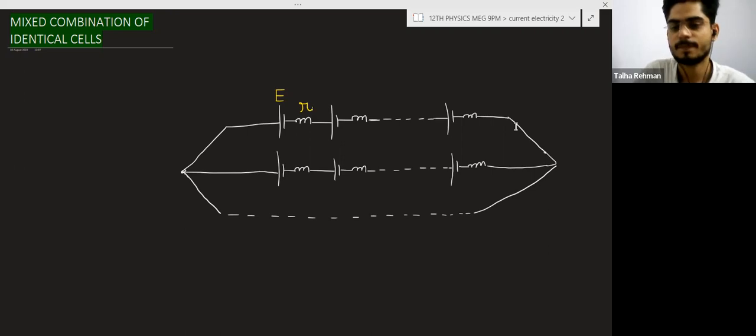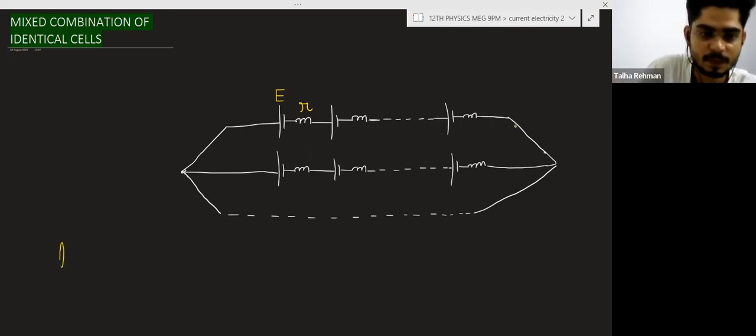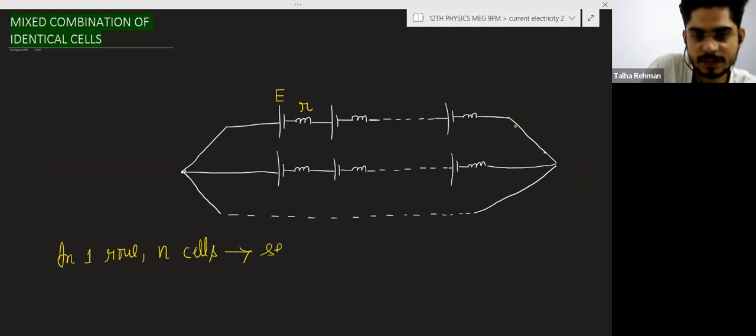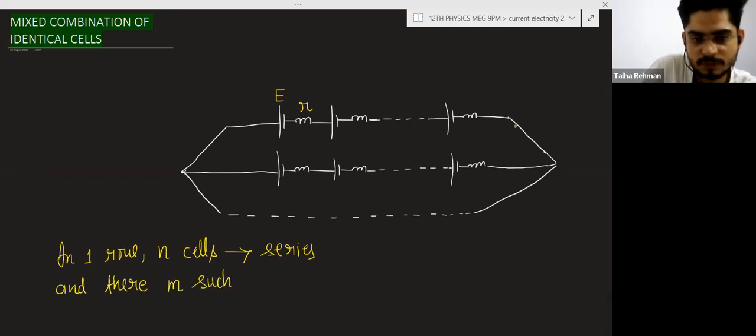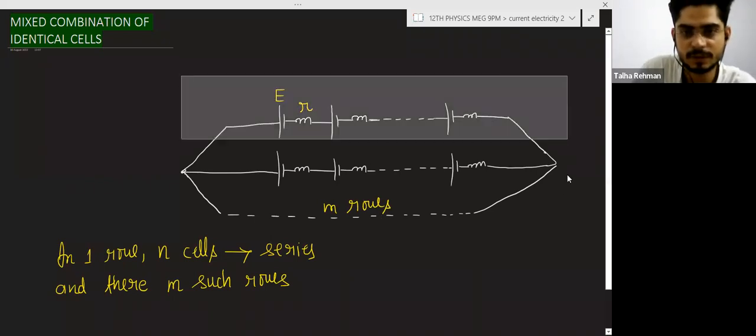In one row, n cells are connected in series, and there are m such rows. M rows are there.